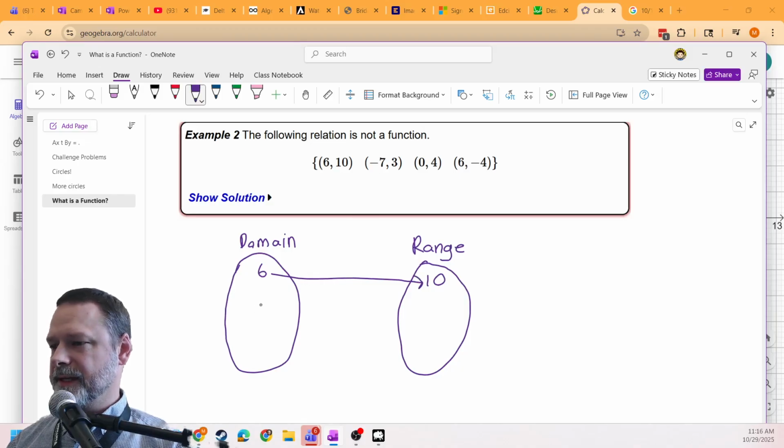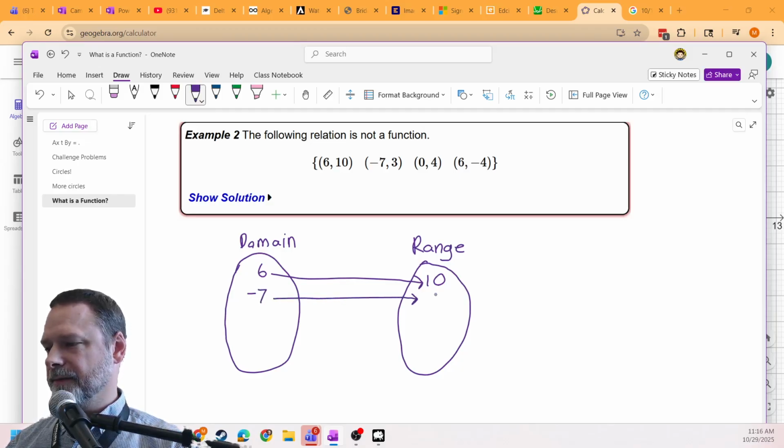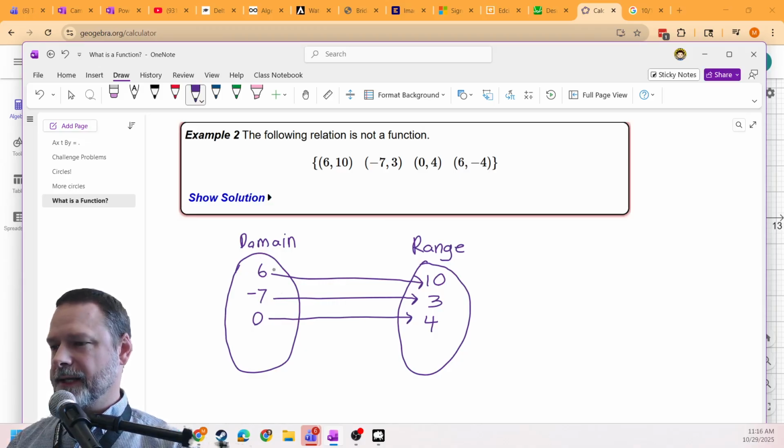We're going -7 to 3. 0 goes to 4. And 6 goes to -4. Okay, so actually I already had 6 in my domain, and now I have a -4.